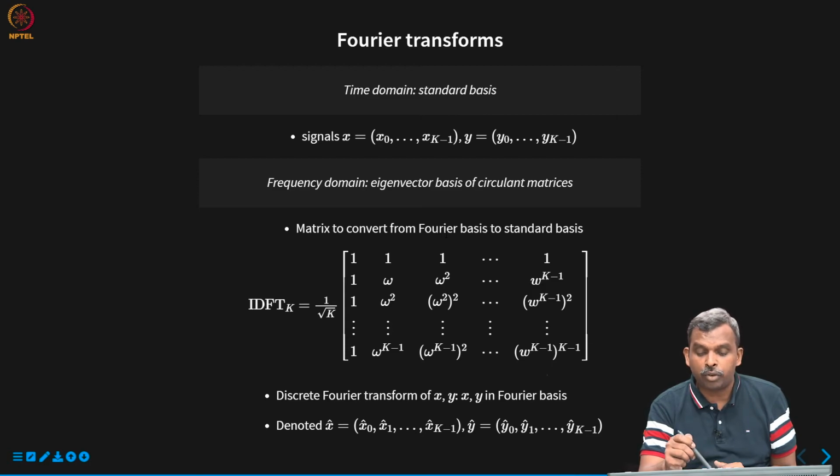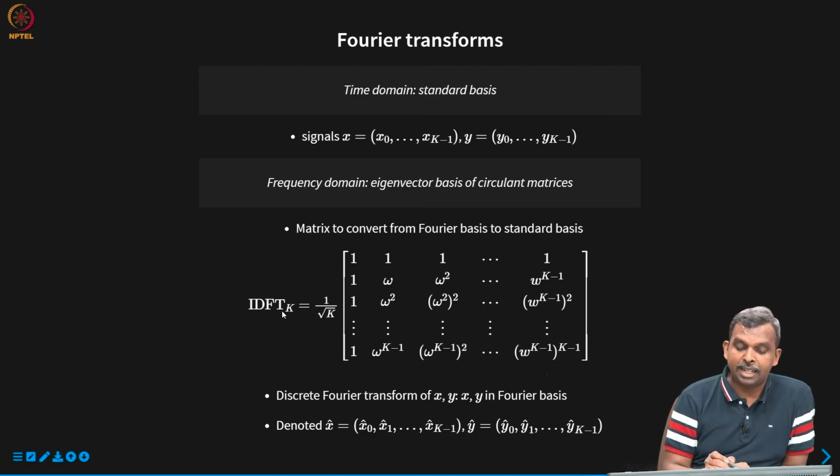The matrix to go from Fourier basis to standard basis is simply this. Standard basis is what people call time domain. Fourier basis is this frequency domain. How do you go from Fourier to standard basis? You simply multiply by this matrix, and this is called IDFT-K. Okay, so this is a very popular matrix. It's called the inverse discrete Fourier transform matrix of size k by k.